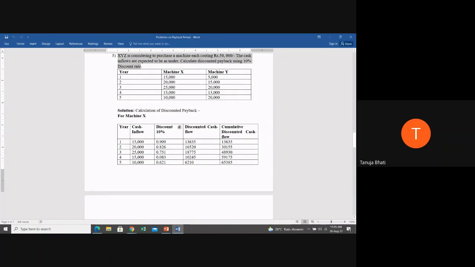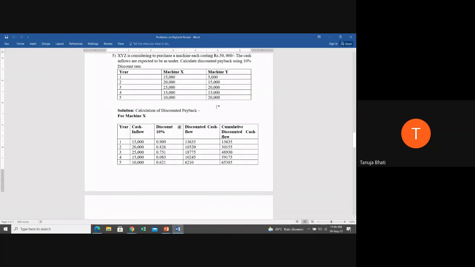See students, the XYZ company wants to purchase a machine. So it is an investment decision. They want to purchase a machine which is costing 50,000. So they have two options. For machine X, the returns for each year are different. For machine Y, the returns for each year are also different.